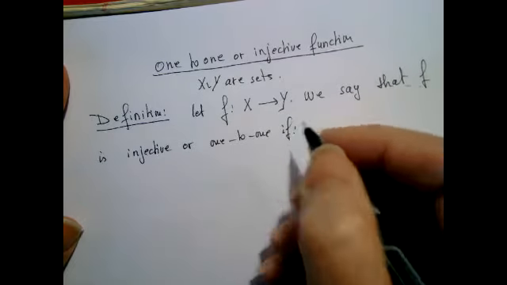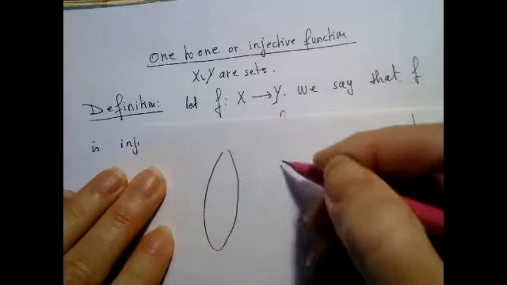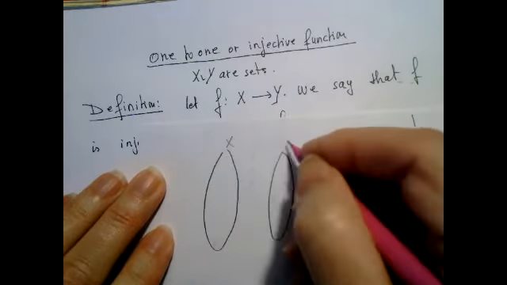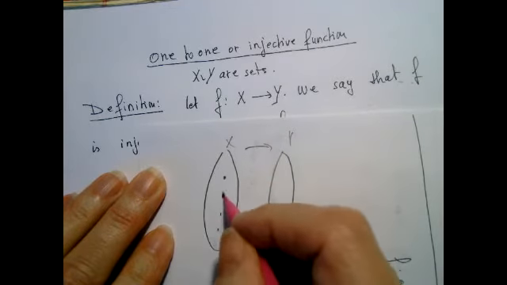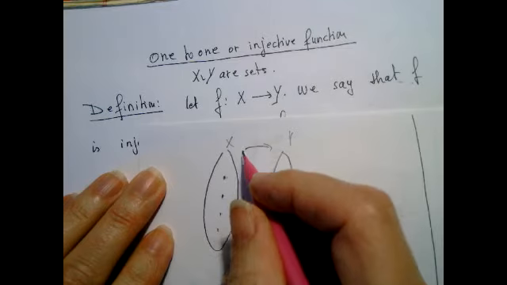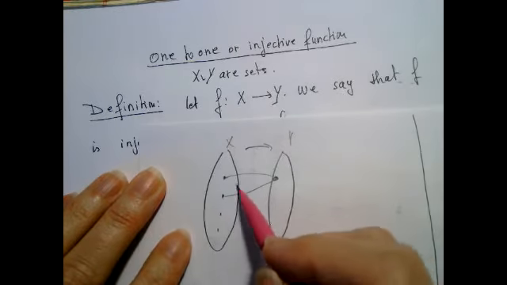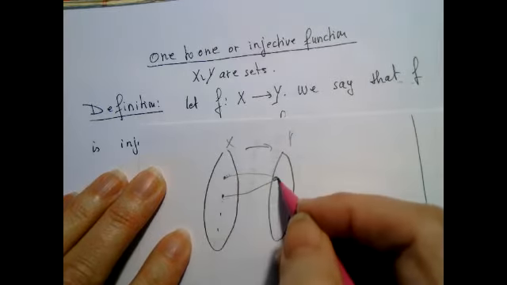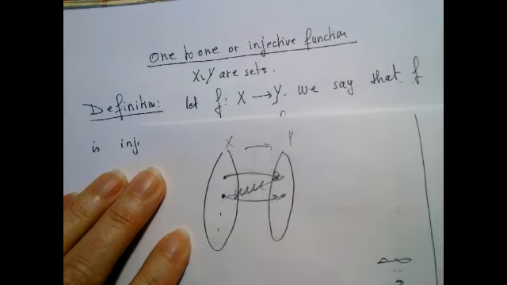I'm going to give the definition first in words and then a mathematical definition, because words only get us so far. Suppose this is my function from here to here. One-to-one means that no two different elements of X are assigned to the same element in Y. So with one-to-one, if this is assigned that element, this will have to be assigned another one.